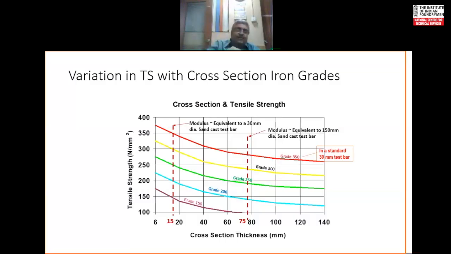And then you can see across the grades, the strengths are higher when the section thickness is thinner, because grain size, or cell count as we call it in case of cast irons, is higher, while as the section thickness increases, the cooling rates become slower, so grains become coarser, so even though apparently you are casting the same grade, the actual strength levels in the sections will be different. So that is one thing that one has to keep in mind.